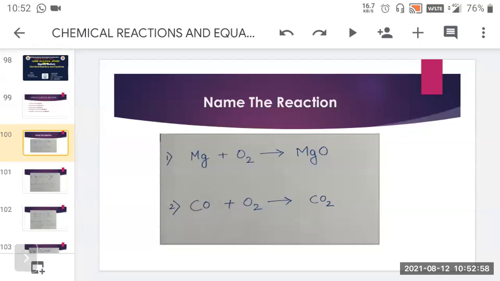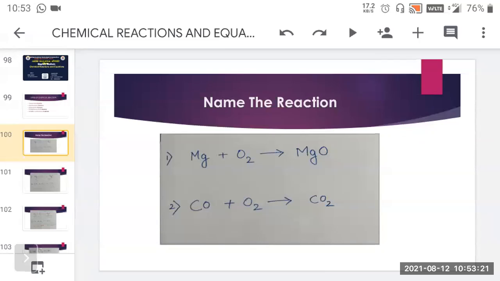As you can see, in the first reaction the number of oxygen on the reactant side is 2, whereas on the product side it is only 1. The rule is that there should be an equal number of elements on both sides, the reactant side and the product side.